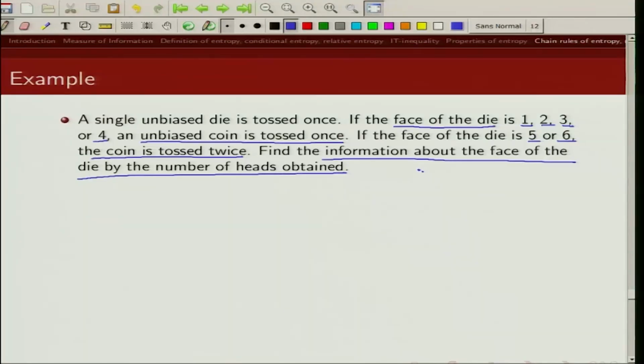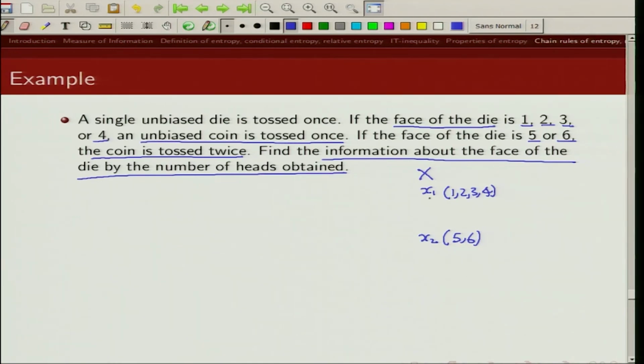So you can think of it as the input x being the outcome of the dice. There are two possible outcomes, x1 and x2. If the dice outcome is 1, 2, 3 and 4, that is one possible outcome, and if the dice outcome is 5 or 6, that is the other possible outcome.